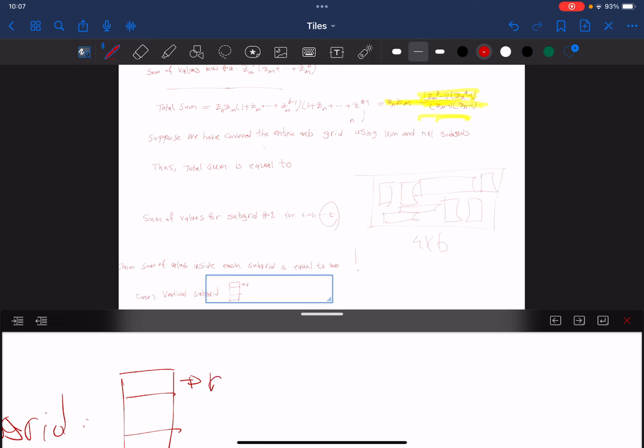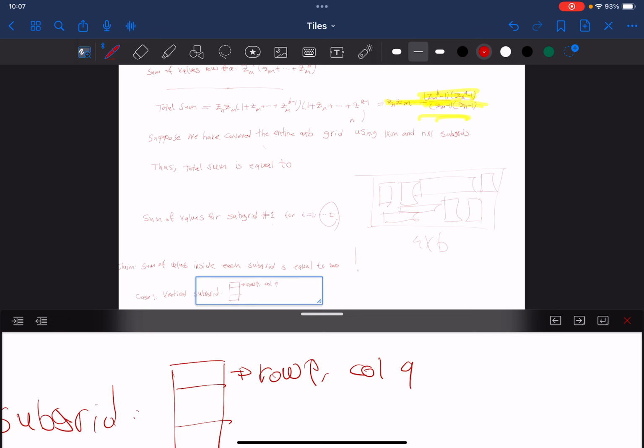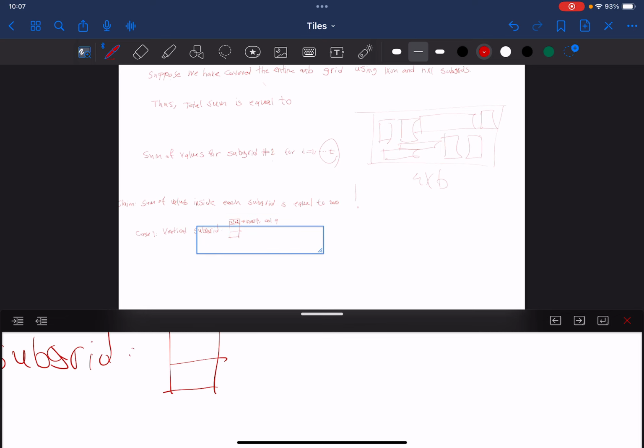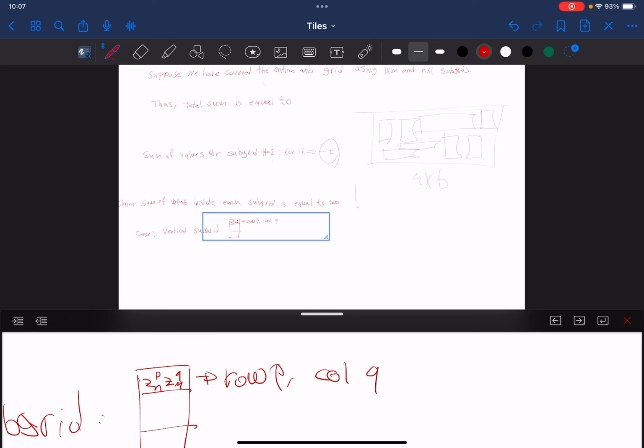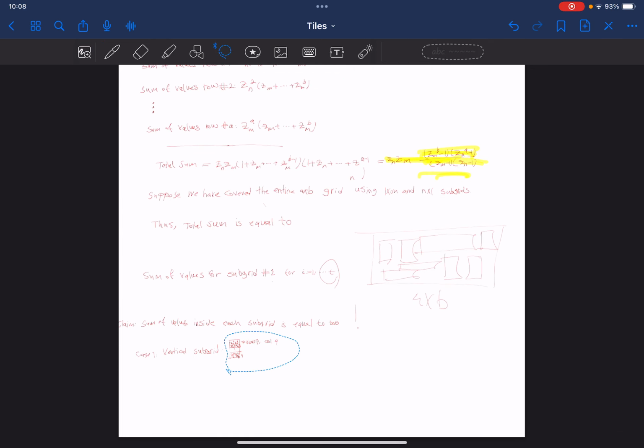suppose this is row P, column Q. So the value written inside is Zn to the power P, Zm to the power Q. And the value in the next cell is Zn to the power P plus 1, Zm to the power Q, and so on, until Zn to the power P plus n minus 1, Zm to the power Q. Let me actually make this one a bit larger.